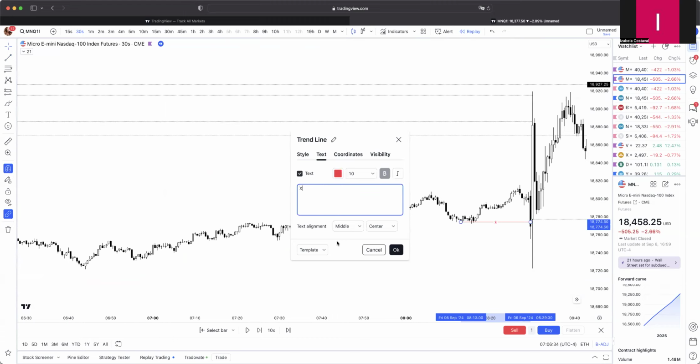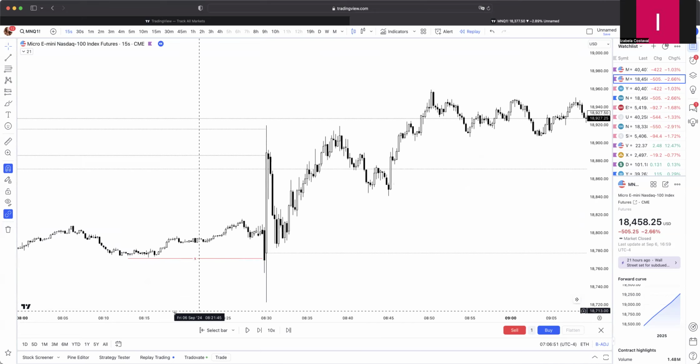And then whenever we have a market structure shift past that point, then you could have gotten in. I don't like that 30-second breaker though. Let me look at the 15 seconds.